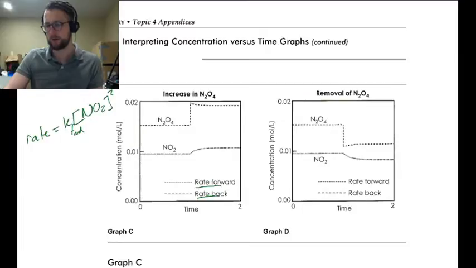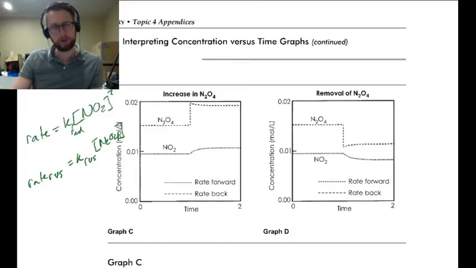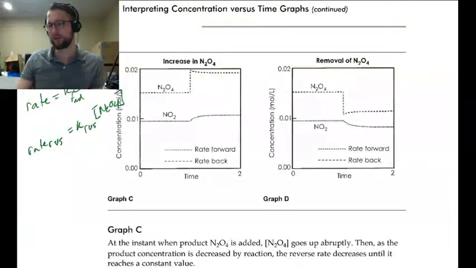And then the rate of the reverse reaction is equal to some k reverse times N2O4. And so they are proportional. So if we have changes in concentration, we can say that they are proportional to the rates as well. So this is okay. They can say this. Should they? I don't know. But they can, because they are proportional through the rate laws that we did in the last unit.